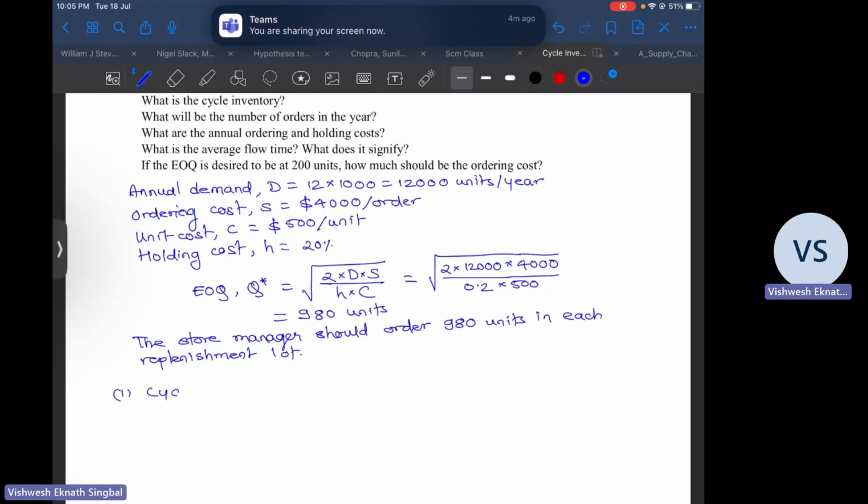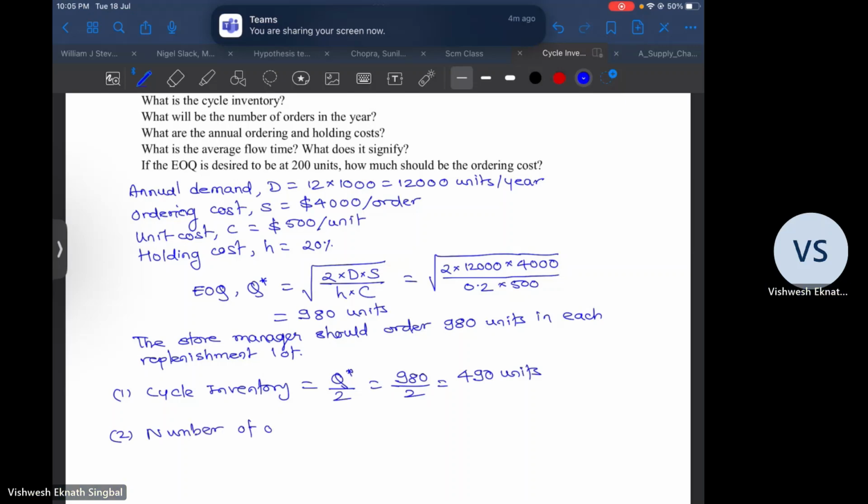First, we have to find the cycle inventory, which is given as Q star by 2, that is 980 divided by 2, that is 490 units. After that, we have to find the number of orders, that is, to meet a demand of 12,000 units, how many orders will have to be placed.